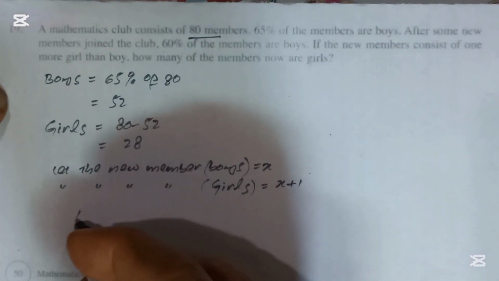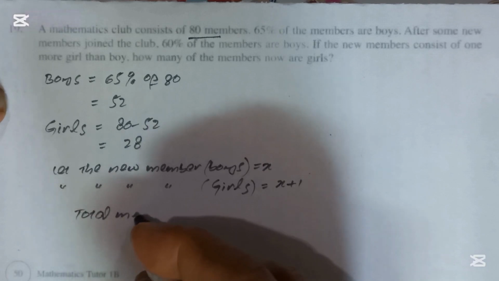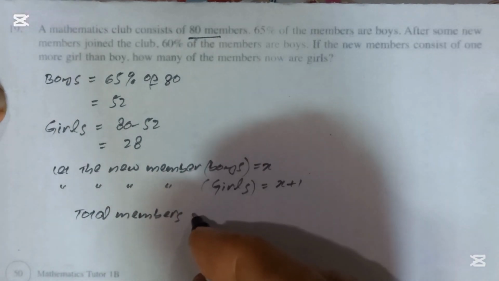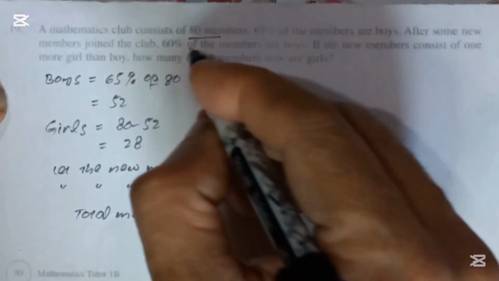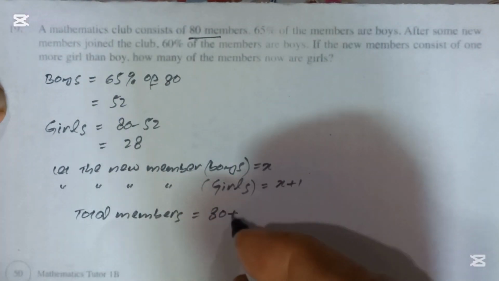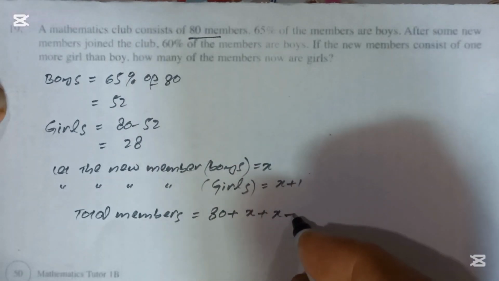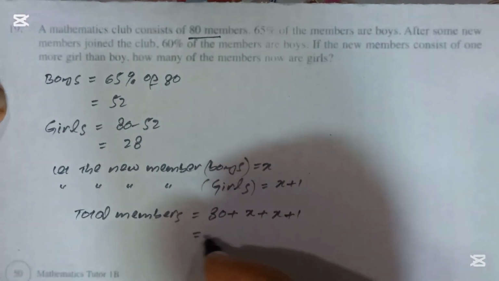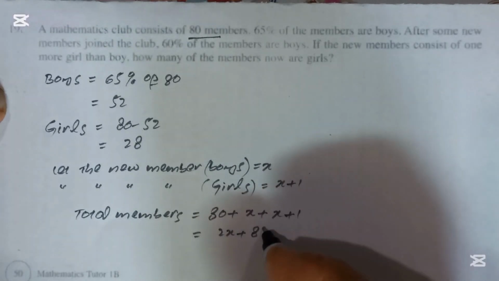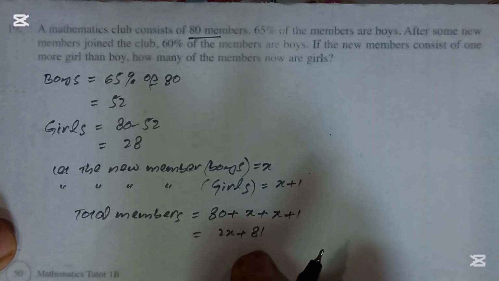Now the total members will become 80 plus new boys plus new girls. So this will be equal to 2x plus 81. So this is the total number of the club now.